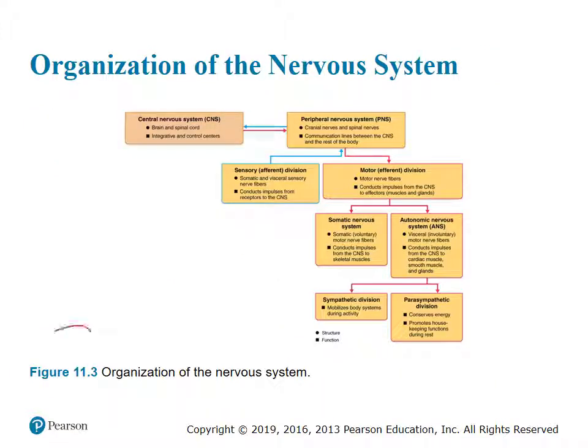Here's the figure I mentioned, figure 11.3. In fact, you're seeing all of the breakdown between somatic and autonomic. You're seeing the breakdown between what is sensory and what is motor in the peripheral nervous system. Okay?